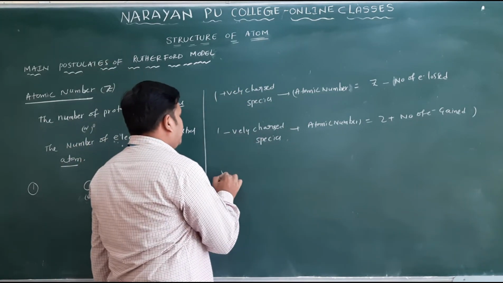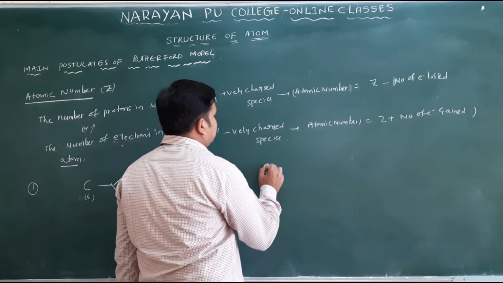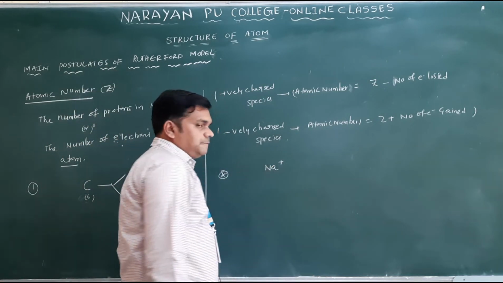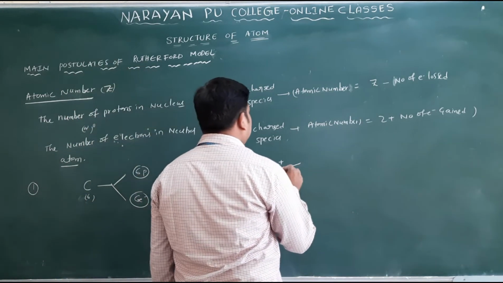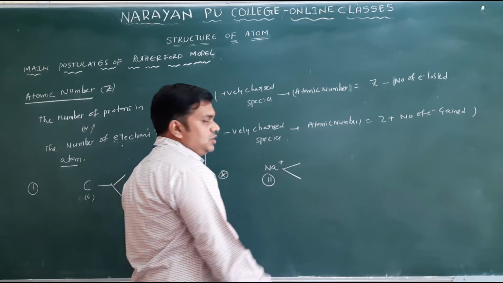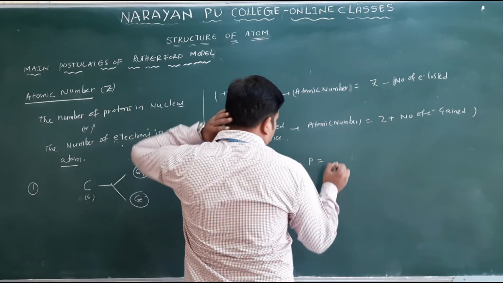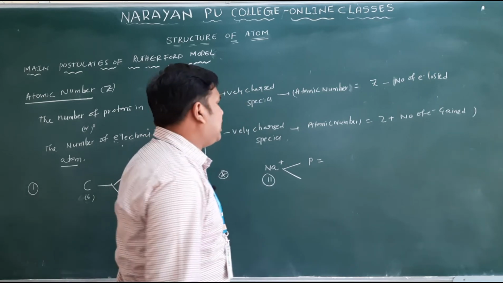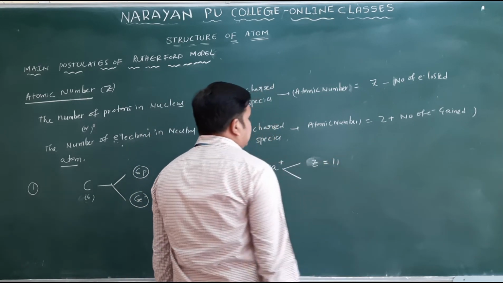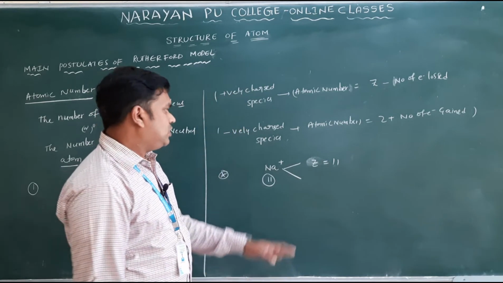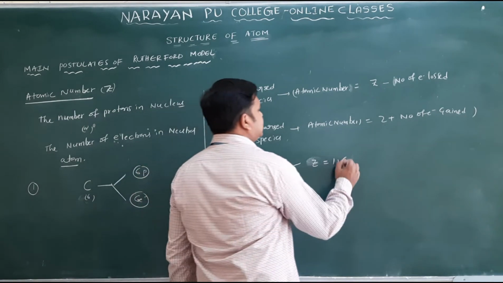Suppose you want to find this in a charged species, like Na plus. What is the atomic number of sodium? Sodium's atomic number is 11. The number of protons, or atomic number Z, is 11.